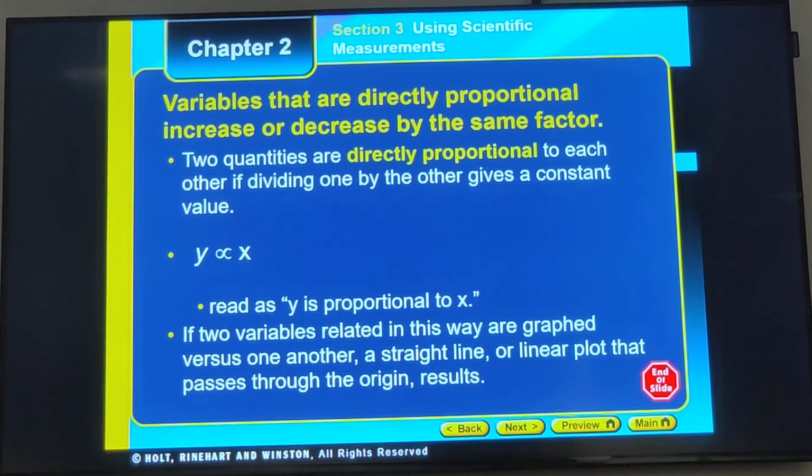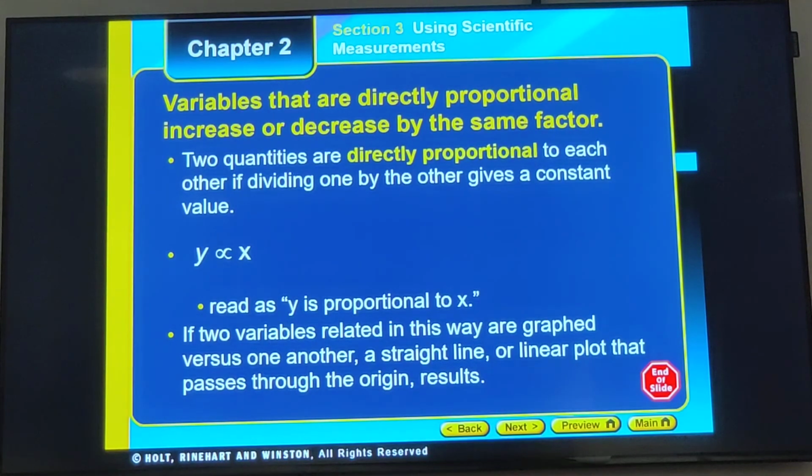So up here I have it written, if A divided by B is a constant, it's a direct proportion. If you look at the graph down on the bottom, if you can see it, because of our lighting issue, is a straight line, it is also a direct proportion. So we have ways of determining if two factors are directly proportional by looking at, is one divided by the other always giving me the same answer or very nearly the same answer?